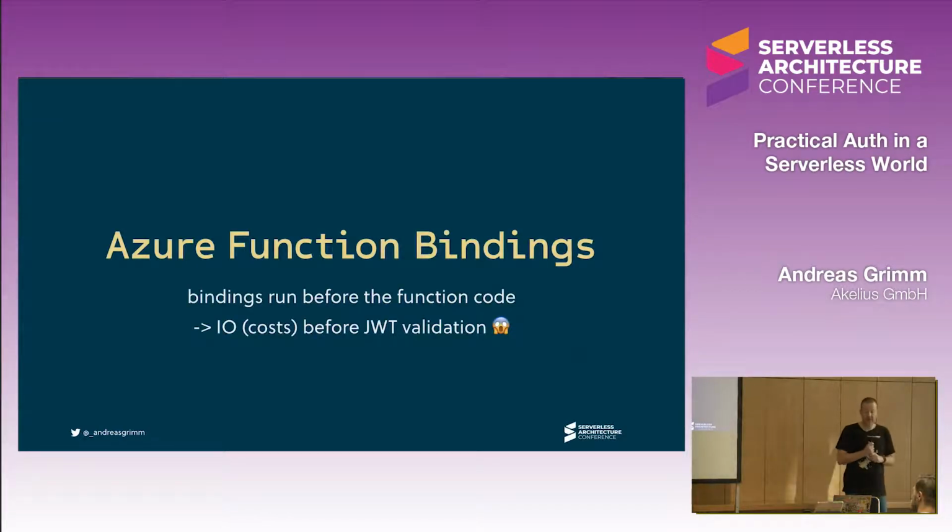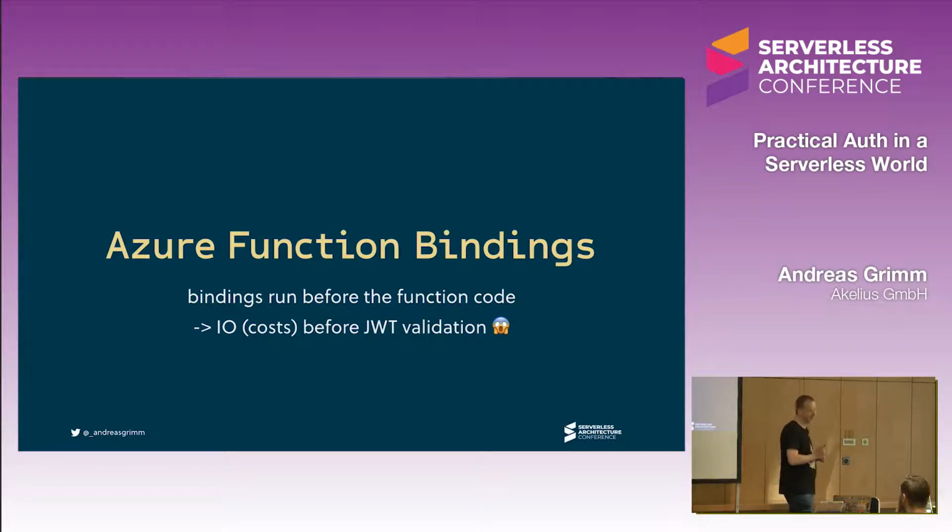But you might have noticed that those function bindings happen before our code runs. And that means that even if a call does not have a valid JWT that would pass our validation, the function binding code would run in this Azure environment.